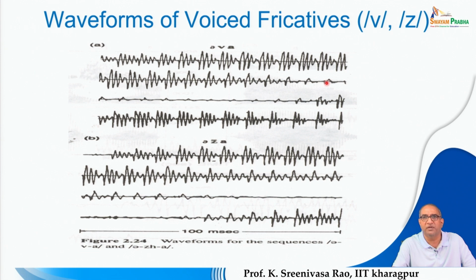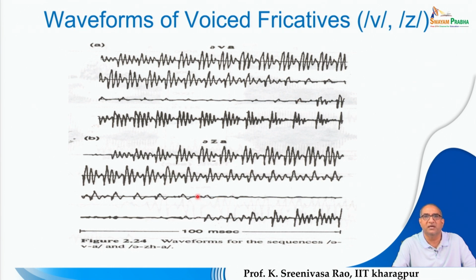In between you have a periodic structure with very low amplitude, which corresponds to frication, va, like voiced frication. The air is rushed through the narrow opening, the vocal folds also vibrate, and so you can see a periodic signal as part of the frication.